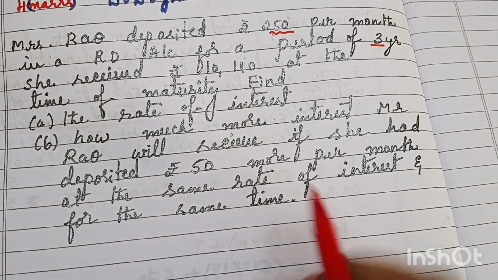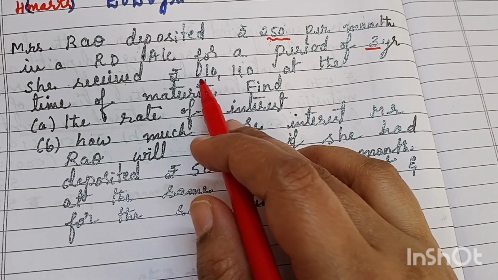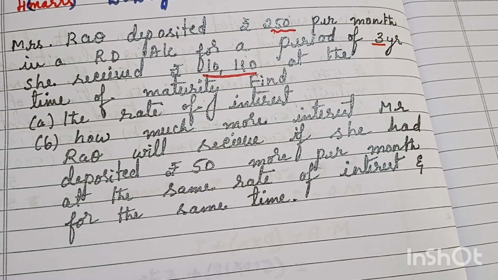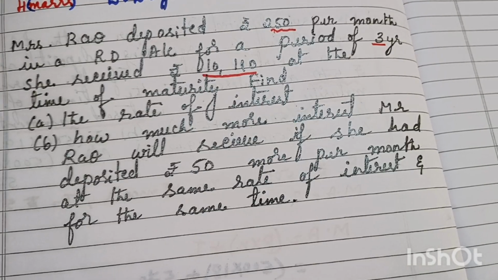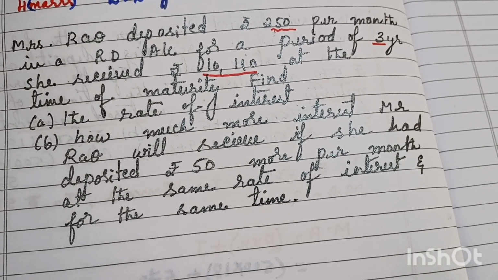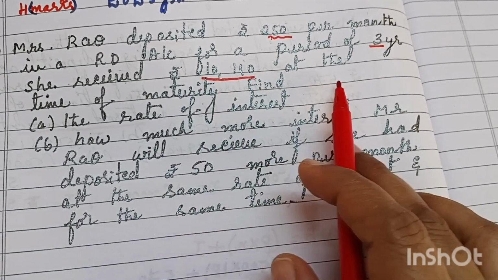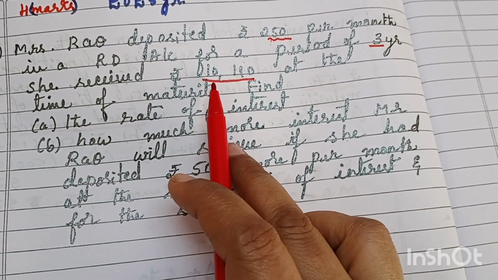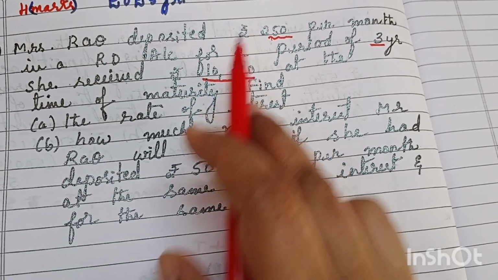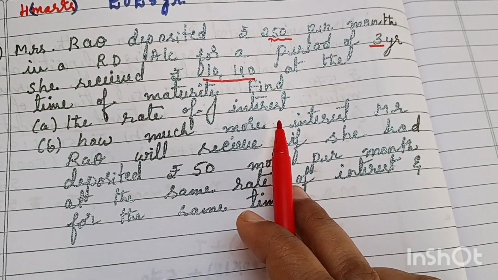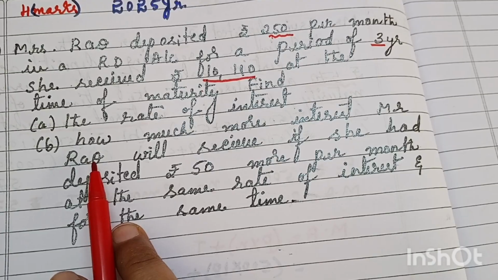She received 10,110 rupees at the time of maturity. So maturity value is given, principal is given, and months are also given. The rate of interest we have to find, and simple interest also.